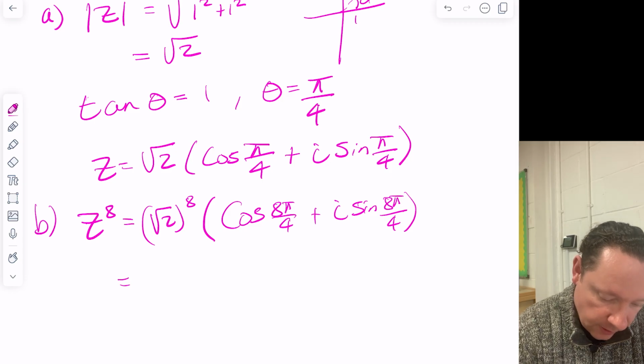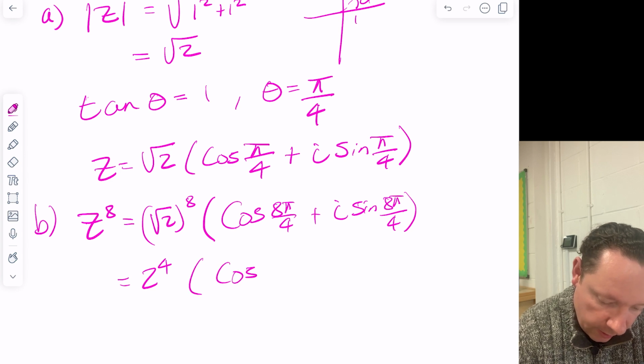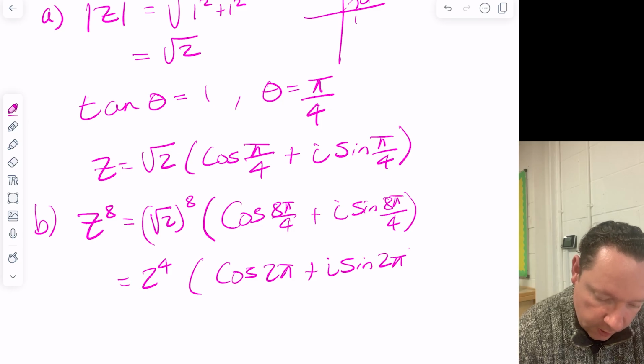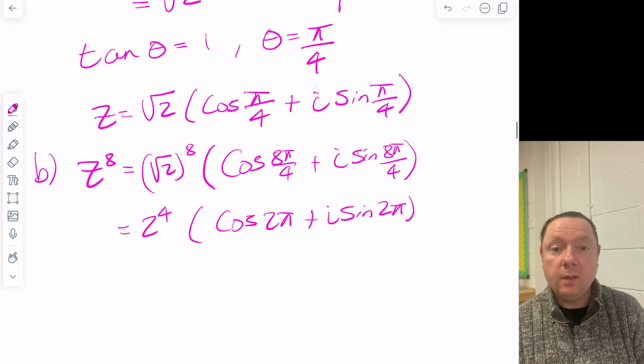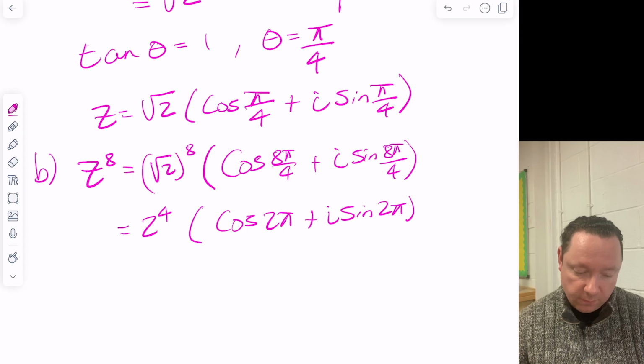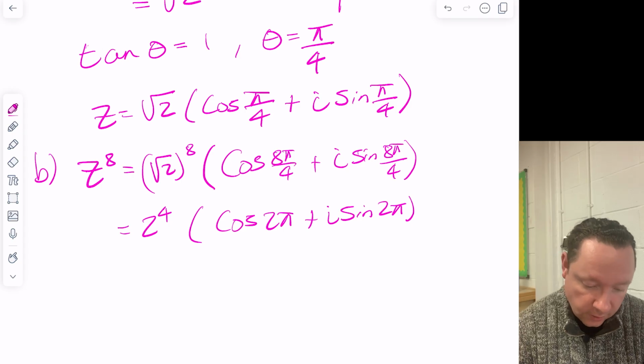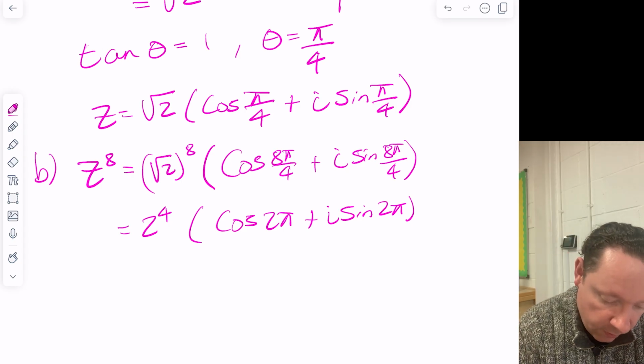So that's the same as 2 to the power of 4. Cos 8 divided by 4 is 2 pi, plus i sine 2 pi. Now, if you're leaving it in this form, you would actually put it back in the principal argument, but we actually have to evaluate it. So we might as well just go ahead and evaluate it.